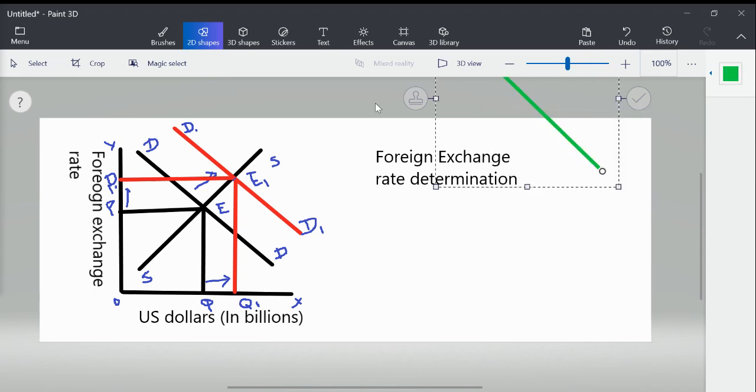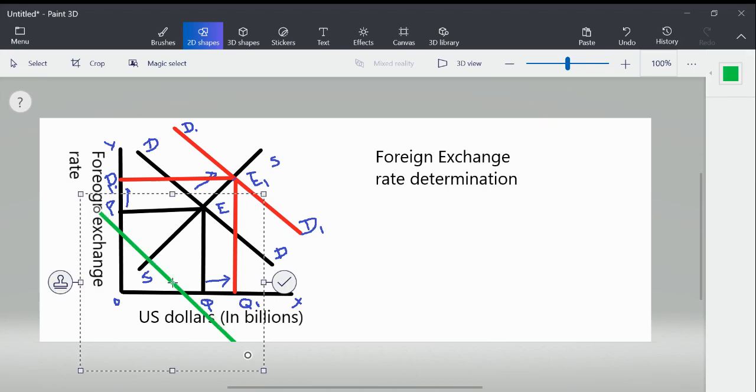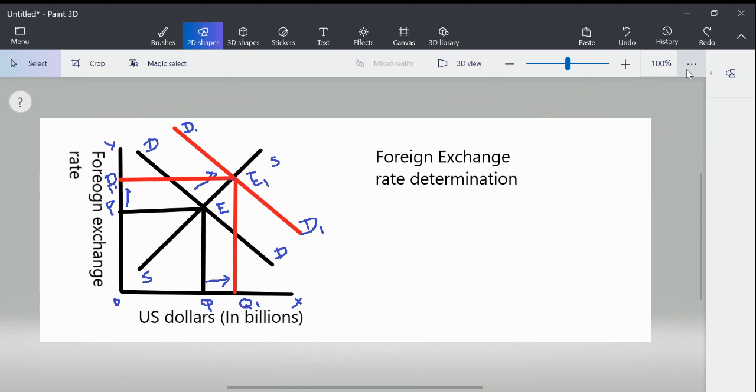Now assume that the supply is also increasing. The supply curve has shifted from S to S1, and the quantity is exactly the same.